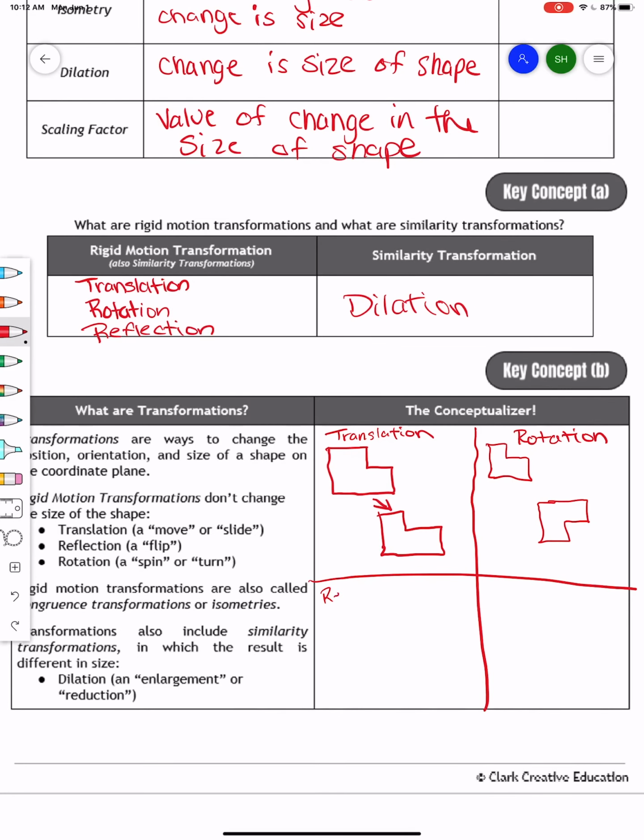With a reflection, you can see that my shape was flipped over my line, and a dilation would be something like that. So we're going from small to big or big to small.